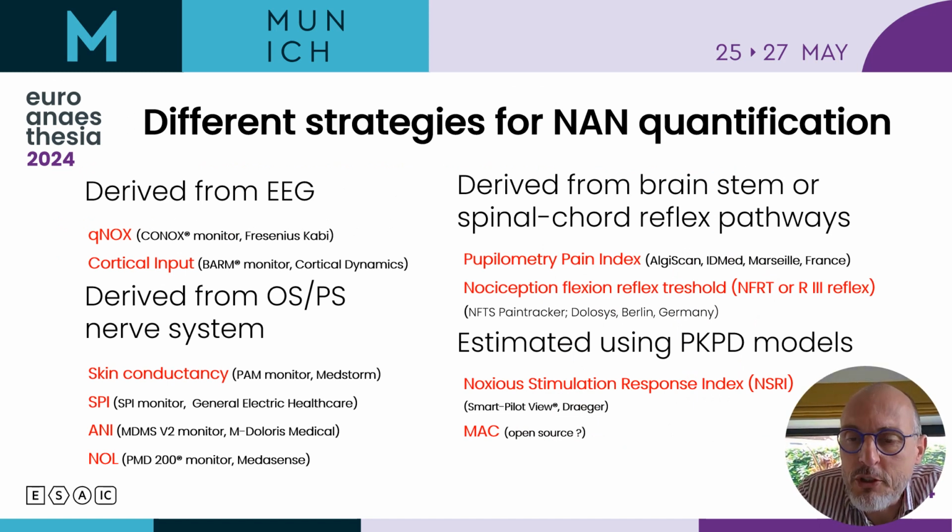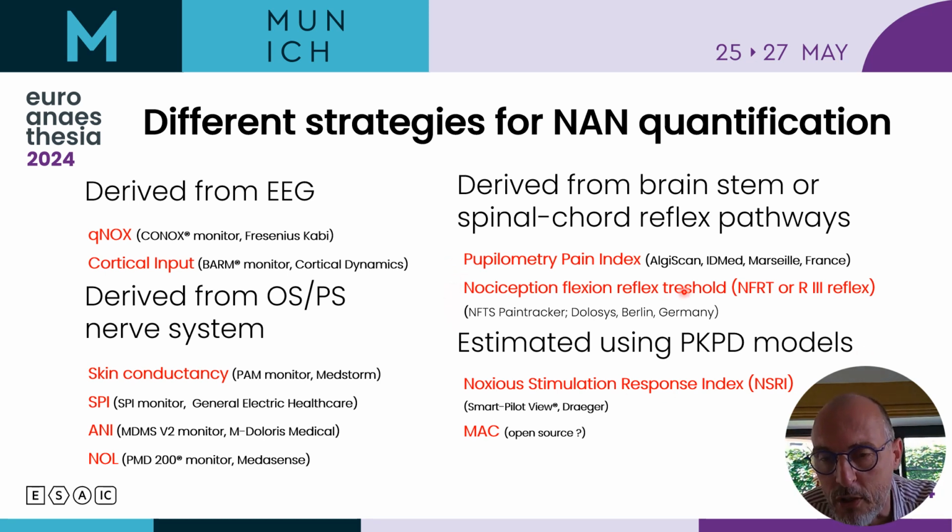There are different strategies to quantify the balance between nociception and anti-nociception, and the majority still use the balance between the sympathetic and parasympathetic nervous system, such as the skin conductance, surgical pleth index, the ANI, and the nociception level index. There are alternatives like QNOX and cortical input who use EEG, and some use brainstem or spinal cord reflexes such as the pupillometry pain index or the nociception reflex threshold.